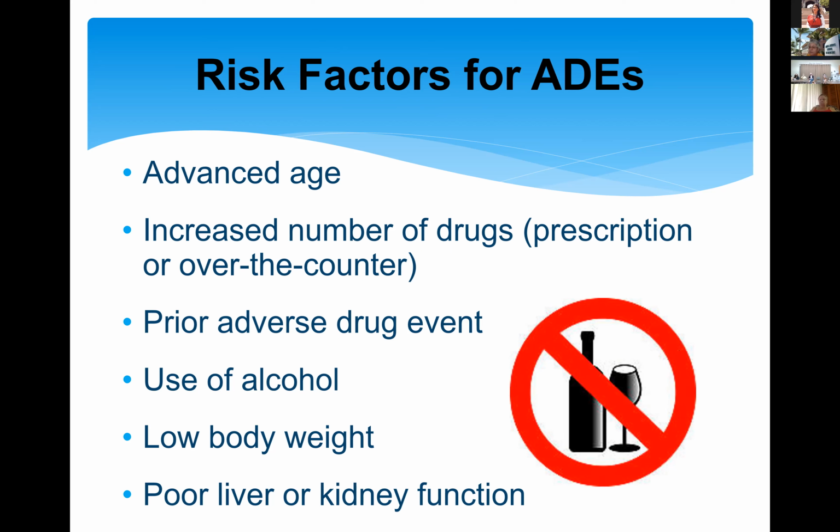Use of alcohol or even other drugs, especially illegal drugs, can be a huge risk factor. Low body weight, this is a big problem, particularly here in Hawaii. I think some of our Asian ladies in particular, their baseline weight is like 90 pounds. So obviously their bodies are small, they're going to be at higher risk for these drug events as well. And then, of course, poor liver or kidney function, because we know the liver breaks down the medication and the kidney gets rid of the medication. So if the liver and the kidney are not working well, the drug accumulates in your system.